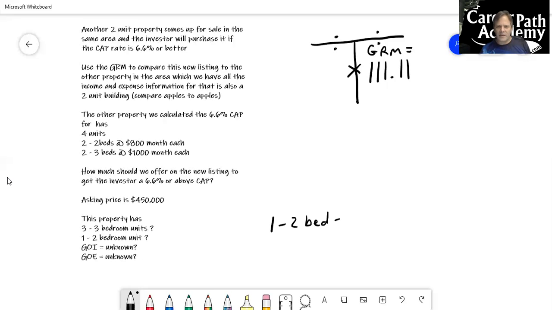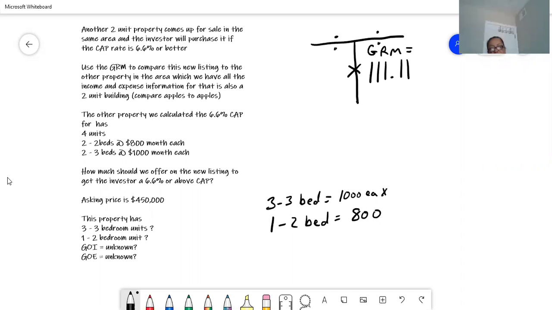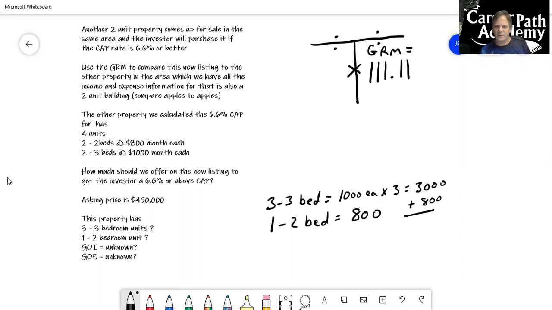So we have 1 2-bed, and we'll say that's at $800. And we have 3 3-bed, which would be, so if they're renting for $1,000 each, times 3, that's 3,000, plus the 800, that's 3,800.